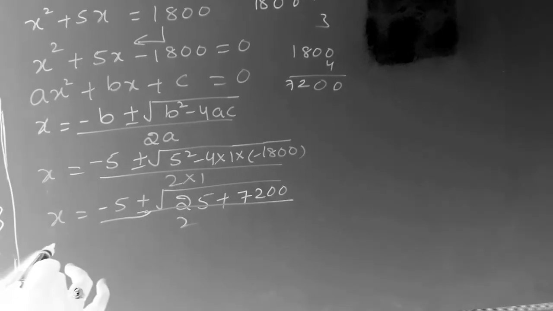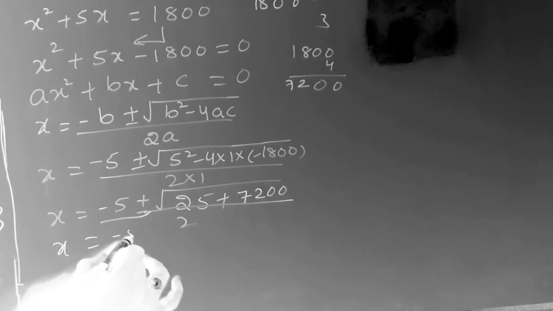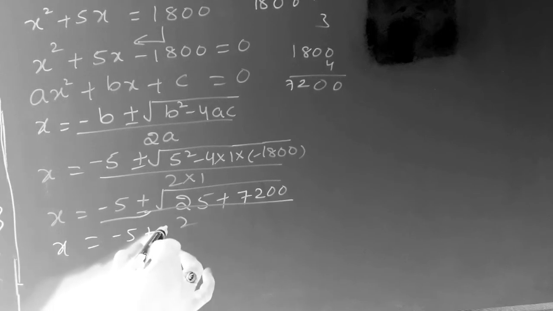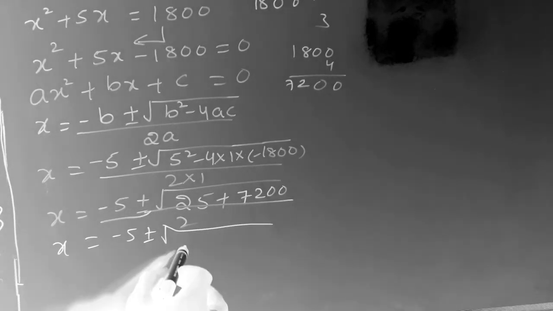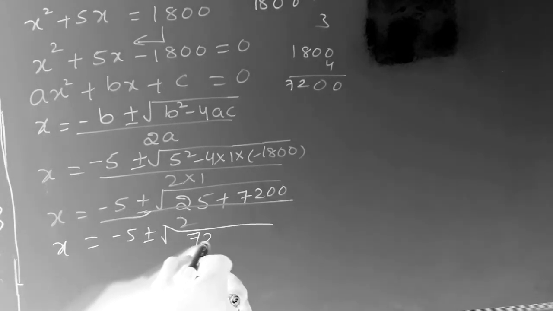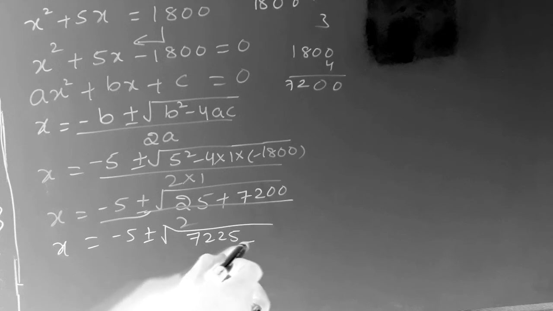Minus 5 plus or minus under root 25 plus 7200, that is 7225, by 2.